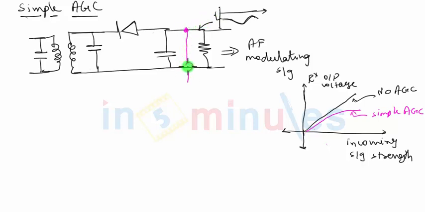We send this signal through a low pass filter. This RC will form a low pass filter. The cutoff frequency of this low pass filter will be set in such a way that it will not allow the AF, which is audio frequency, to pass. It will bypass the audio frequency.